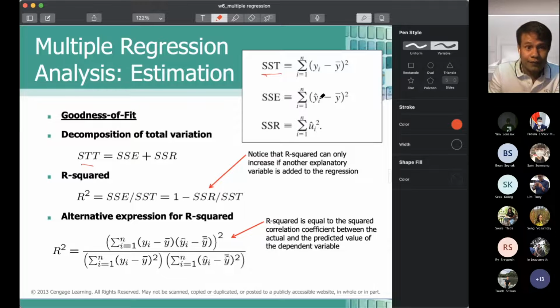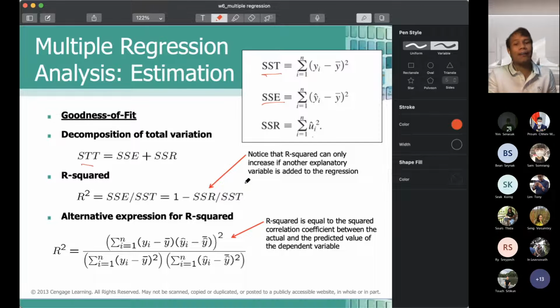Predicted or fitted y, minus the average y, squared. This is the SSE. What is SSE? Sum of squares explained. SST is sum of squares total. What is SSR? Sum of squares residual. All right. So in order to find R square, simply SSE divided by SST, or 1 minus SSR divided by SST. The same. All right.